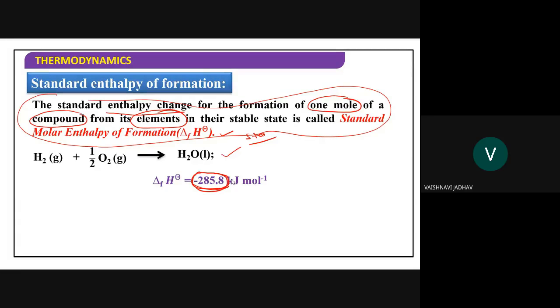So it is a change in heat, and it is an exothermic reaction. Your name, beta? What is your name? Vaishnavi Jadhav. Why are you responding late? So there was some network problem. My mic was stuck.